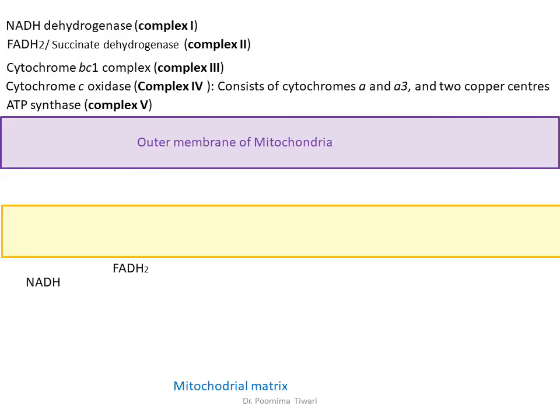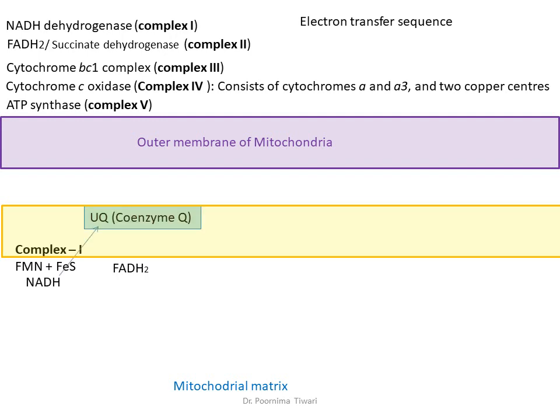So, revision again. NADH electron transfer sequence: from NADH to complex 1, which gives to ubiquinone or coenzyme Q, as it is also called. H ions go into the intermembranous space. FADH2 gives to complex 2 and H ions go to the intermembranous space.